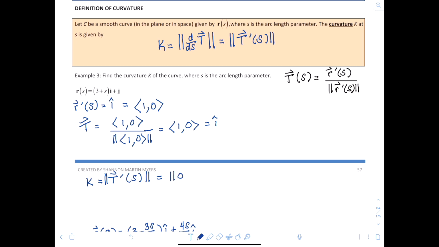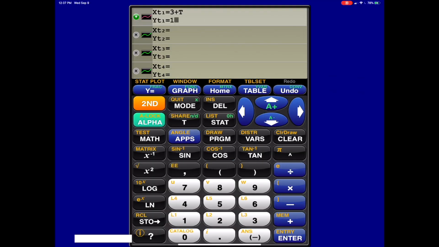So we'd have the magnitude of the 0 vector, which is always 0. Cool? So there's no curvature. All right, awesome.